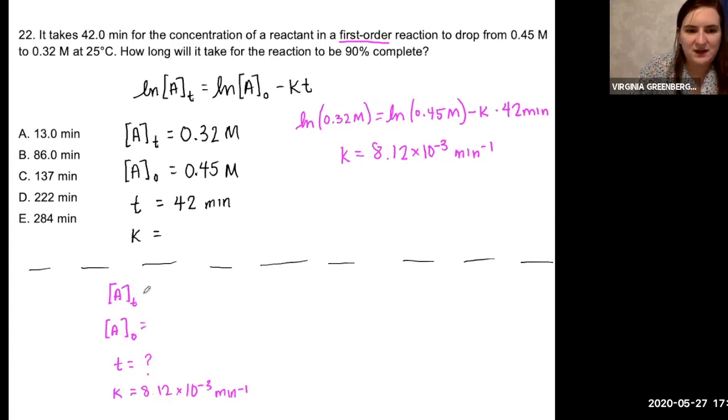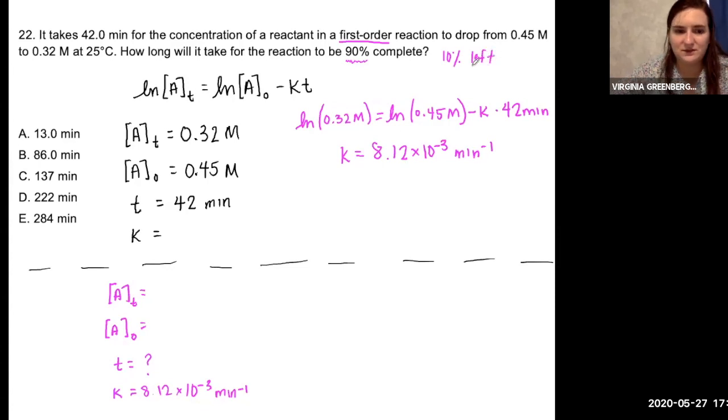And now I'm going to have to be careful about what to use for my concentrations because they didn't really give me concentrations. They just said 90% of the reaction is complete. And here's where you have to be really careful. Whenever they give you a percentage like this, you have to be super careful. Because when I read this, what I actually see is how long will it take for 90% of the reactants to be used up? Or in other words, how long will it take for 10% of the reactants to be left over?